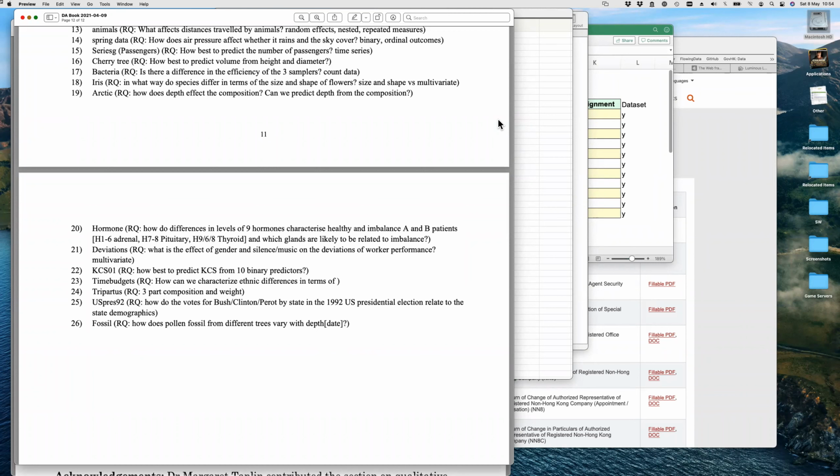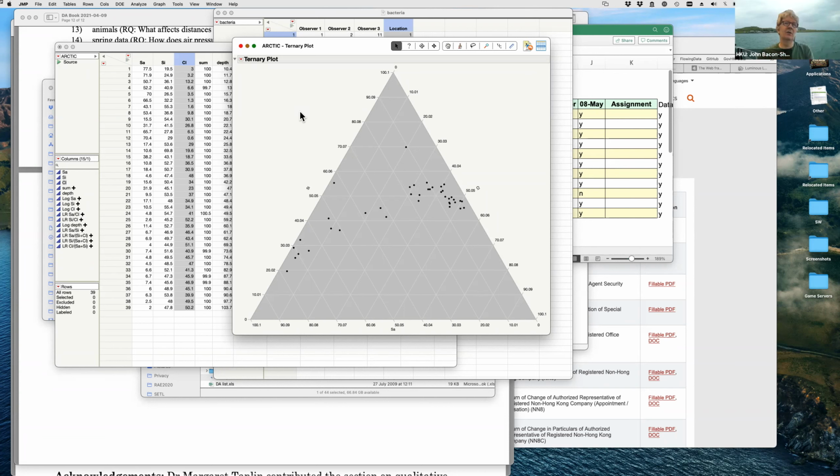Because you can never go beyond these boundaries. So any attempt to do a linear model is doomed to failure. A, because you will get predictions outside the boundary. B, because you will not be able to account for this curvature. And C, because there are also going to be problems with the variability.